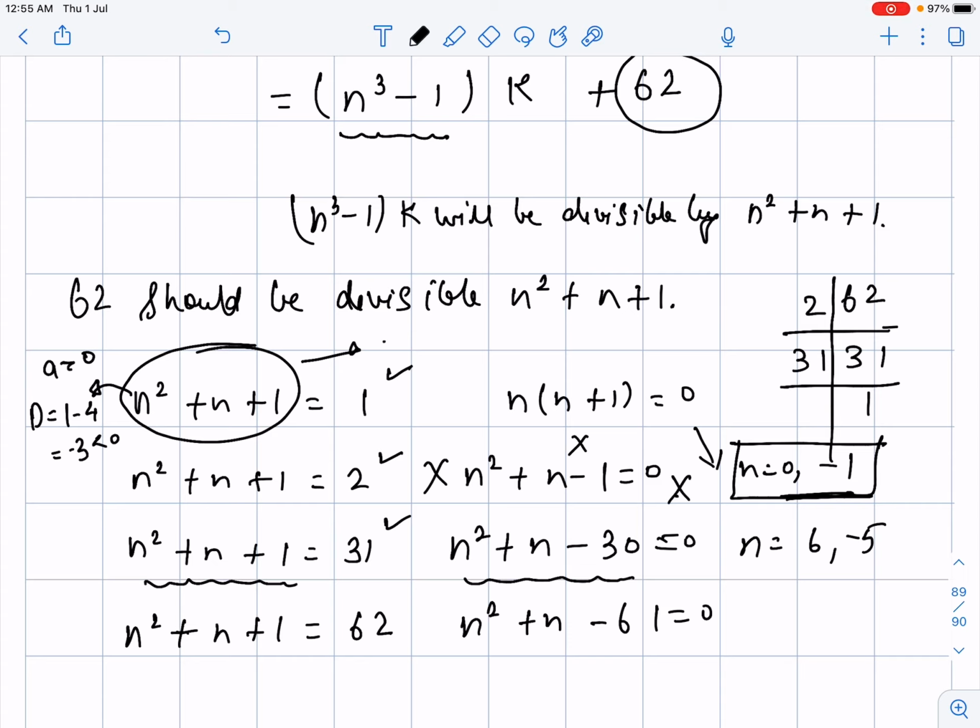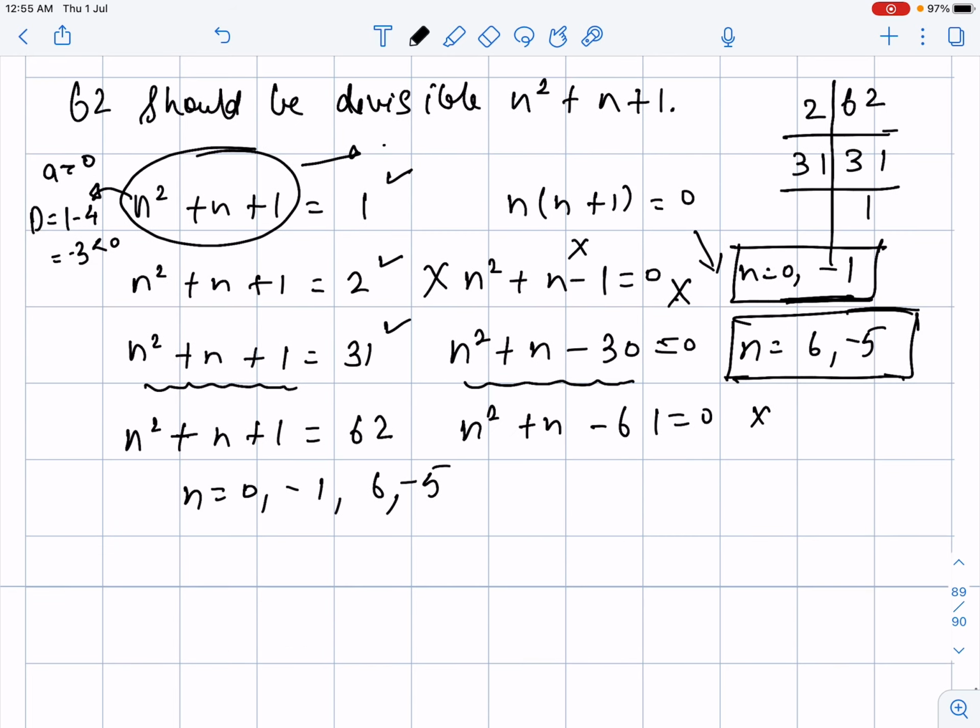So from these 4 cases, only 2 cases are yielding integral values of n which satisfy this equation. So n can be either equal to 0, or minus 1, or 6, or minus 5.